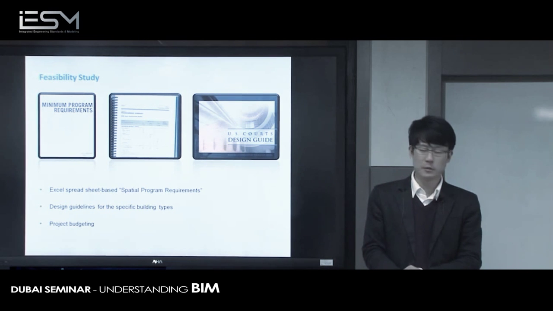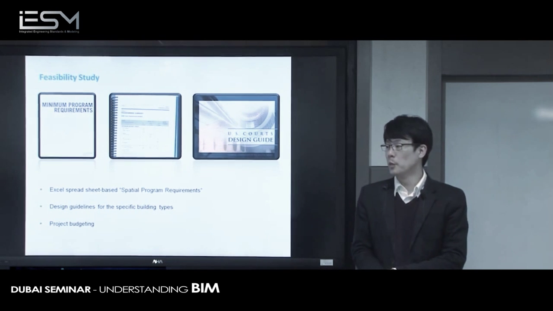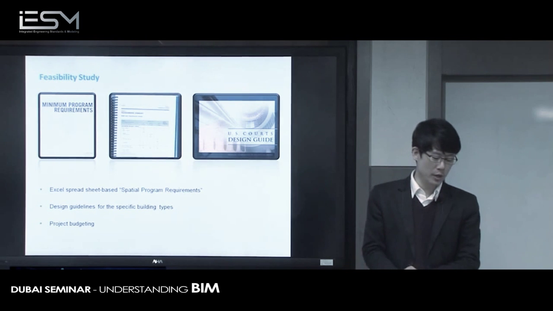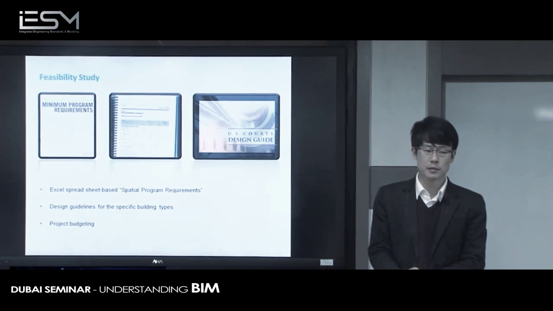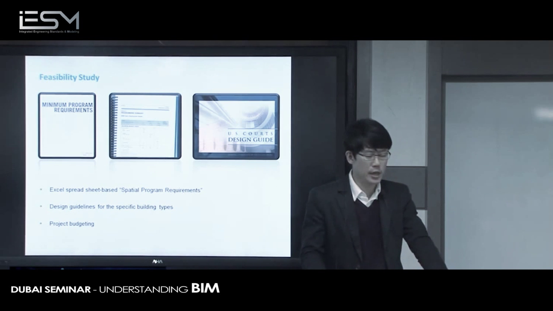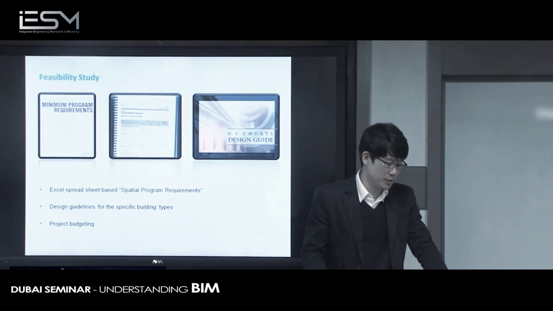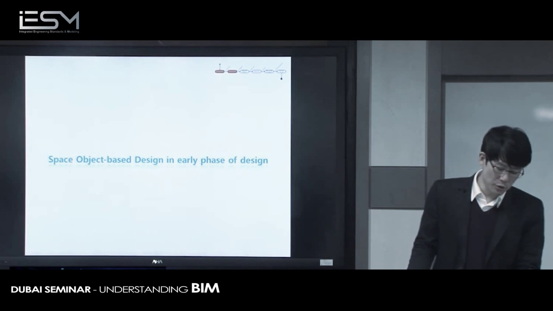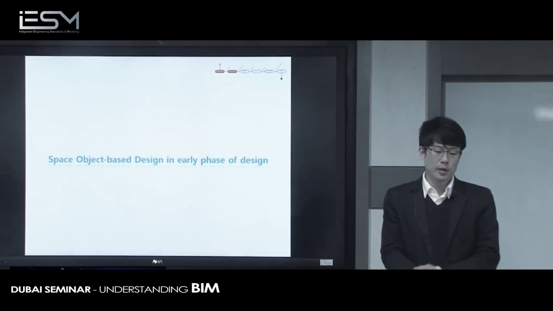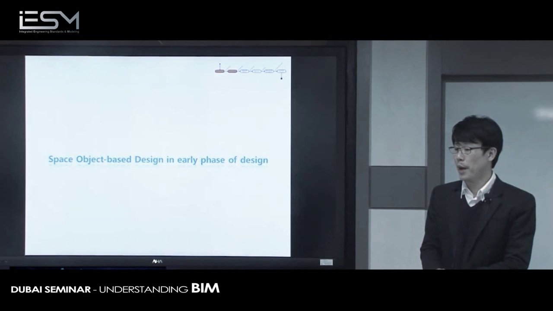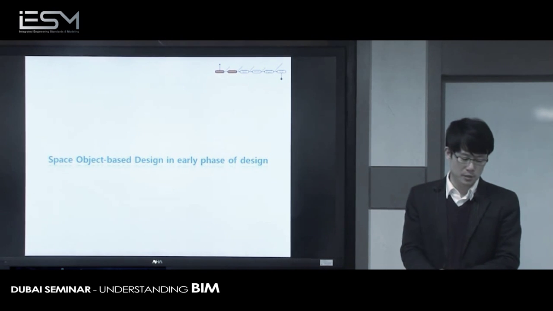That is a feasibility study. Even from such information, we can estimate construction cost and schedule and so on using this kind of technology. But actually, a much bigger impact is on the design phase.